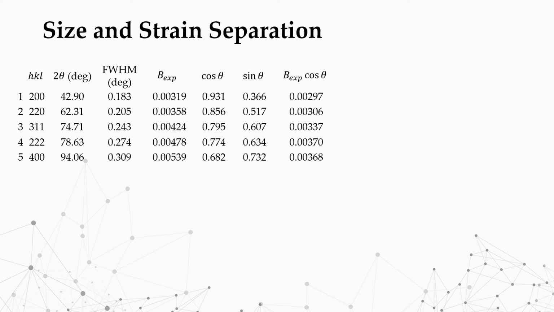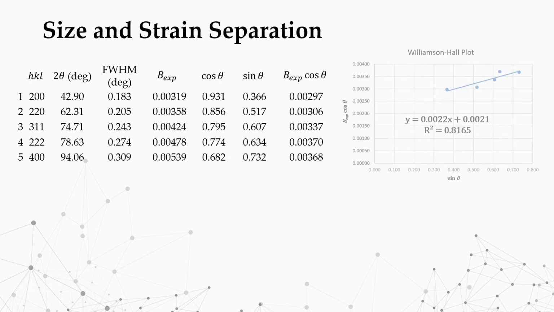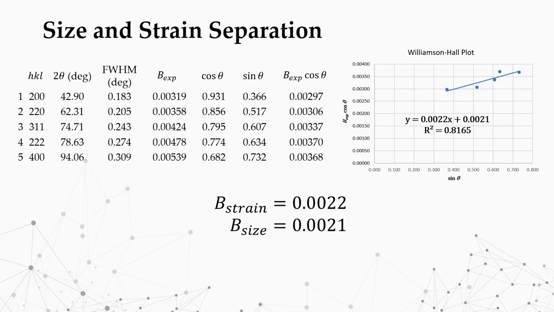We plot sine theta on the x-axis and B cosine theta on the y-axis and apply linear regression. We find this equation and a corresponding R squared. Thus, the broadening due to strain is 0.0022, while the broadening due to crystallite size is 0.0021.